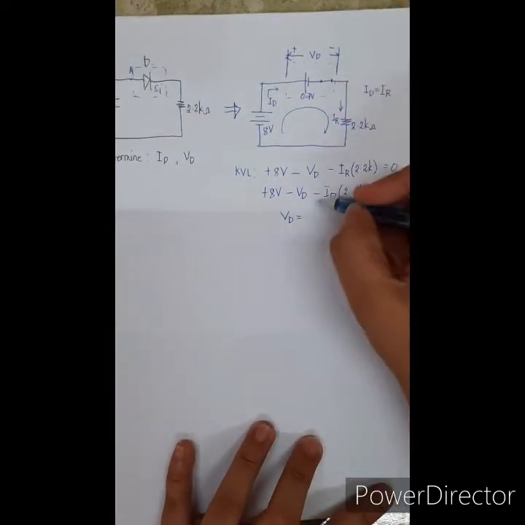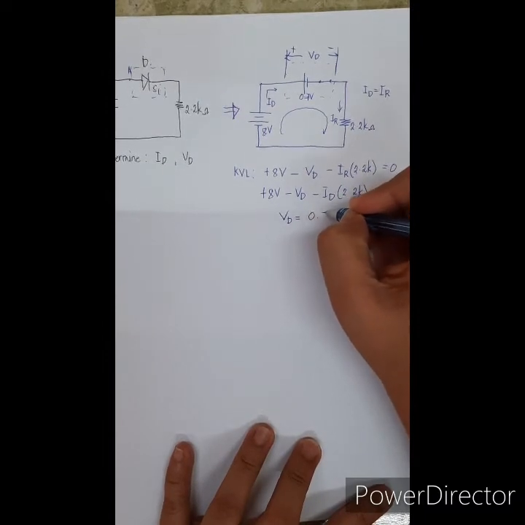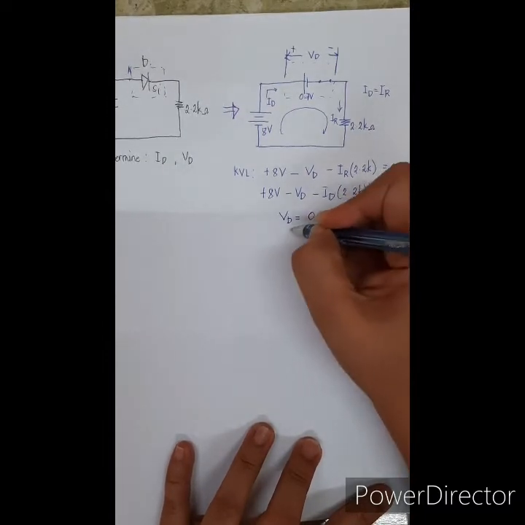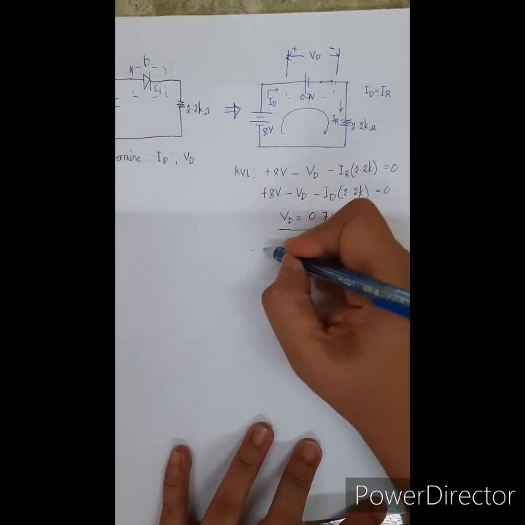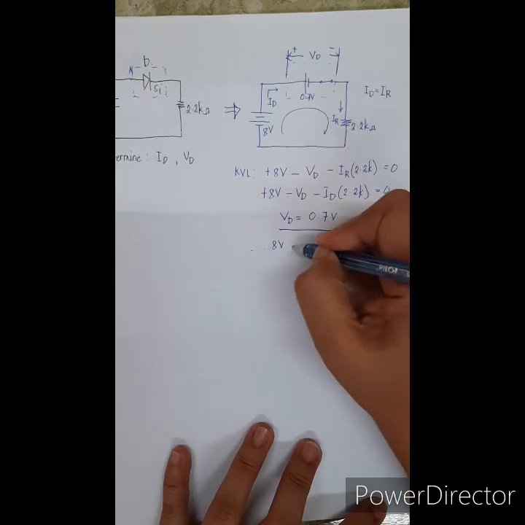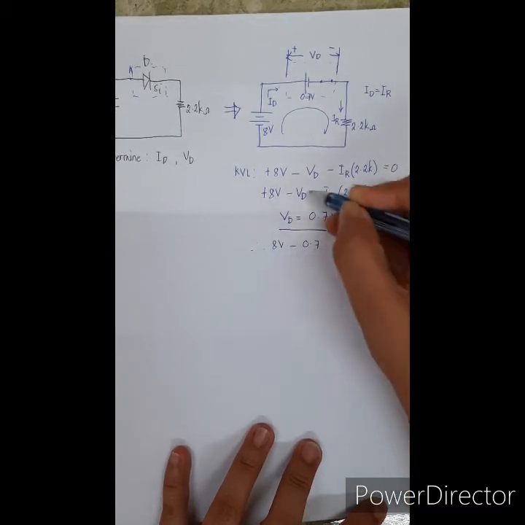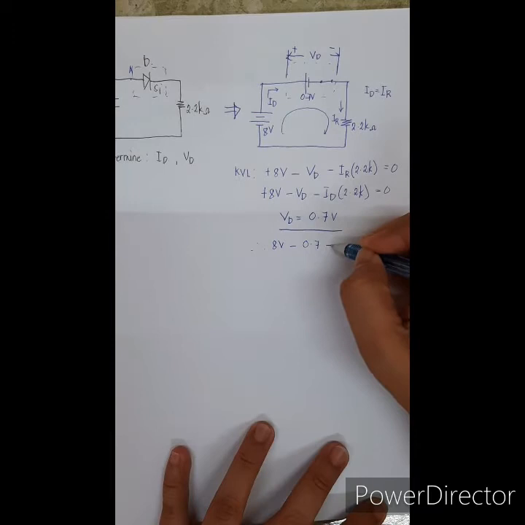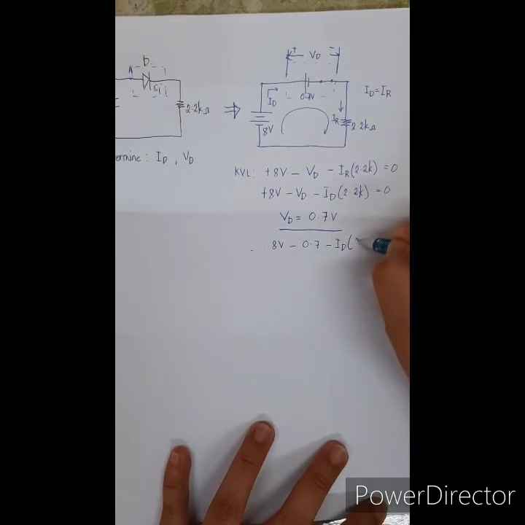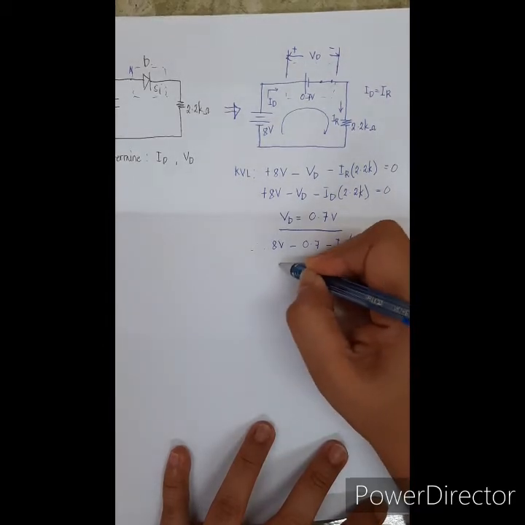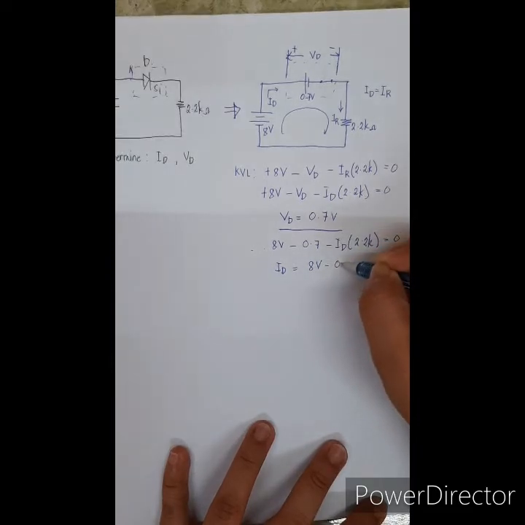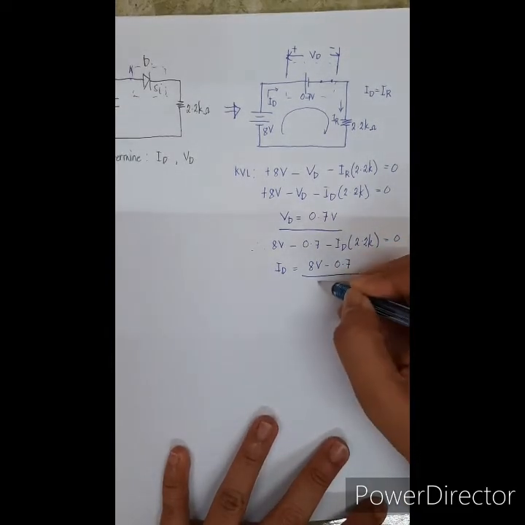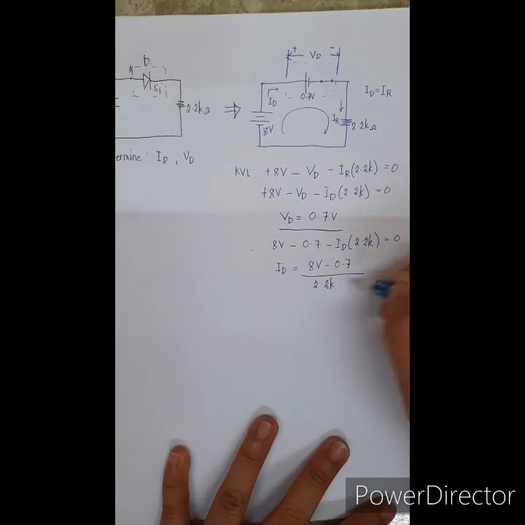So, therefore, VD, okay, therefore, 8 volt minus 0.7, which is the VD, minus ID times 2.2K is equal to 0. ID, therefore, is 8 volt minus 0.7 divided by the 2.2K.